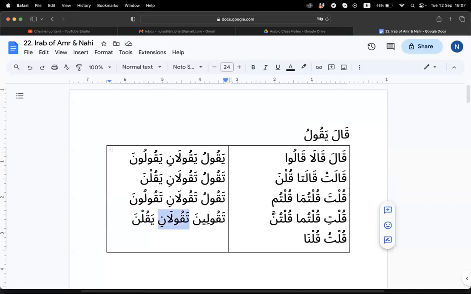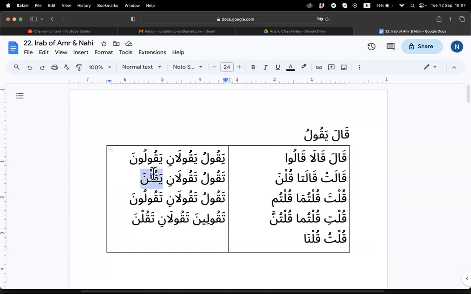And then antuma, taqulani. Yes, it's the same, all these three. And then antunna, taqulna, the same as this one. Just change the ya to ta. Here also just now there was a waw, we no need to think about that.